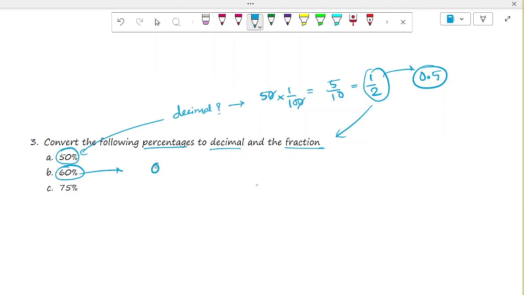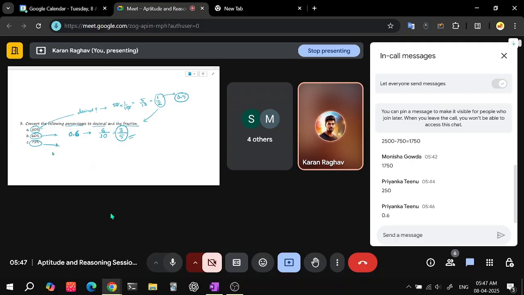Yes, it is 0.6. You need not calculate, just by looking at this you will be able to tell. It is 0.6, and in fractions it will be 6 by 10, and this will be equal to 3 by 5, right?